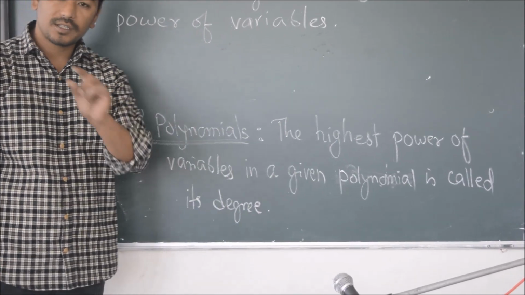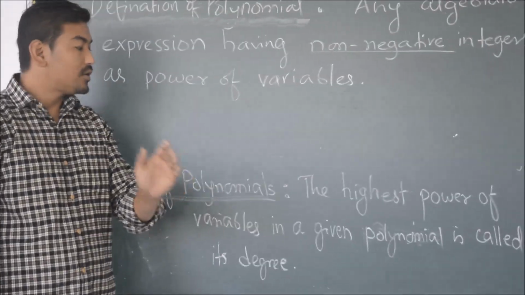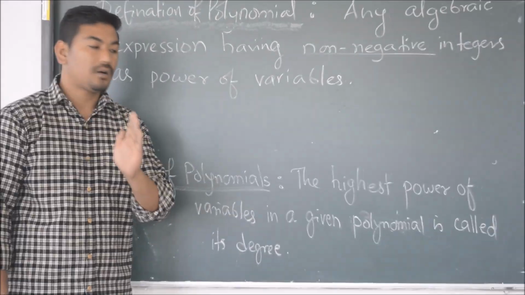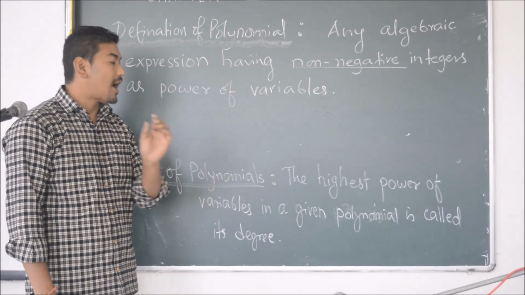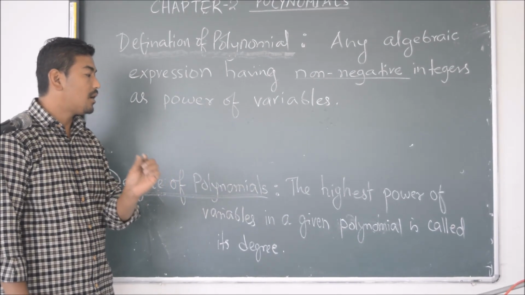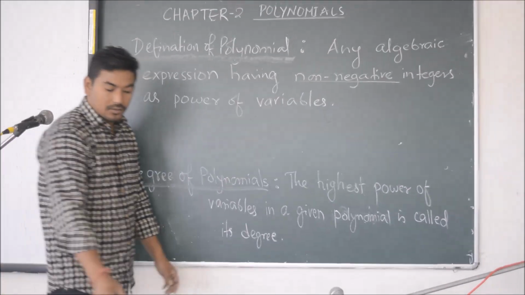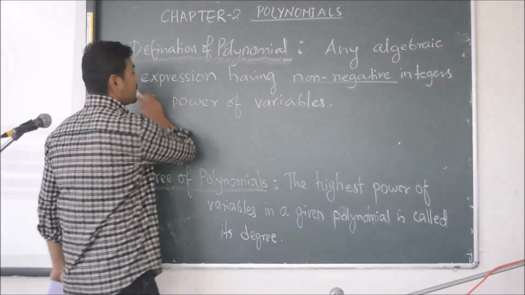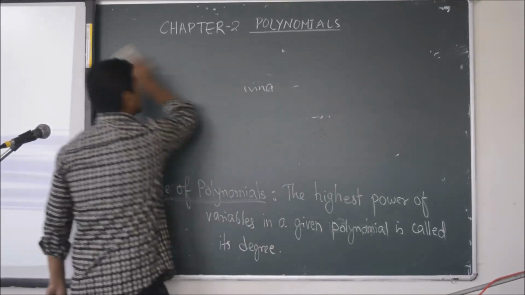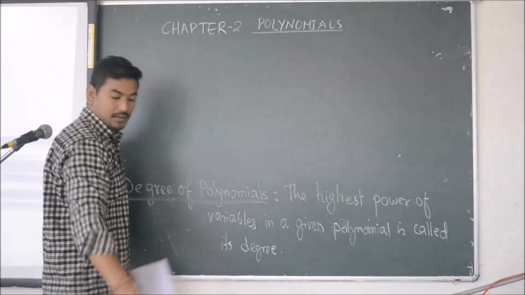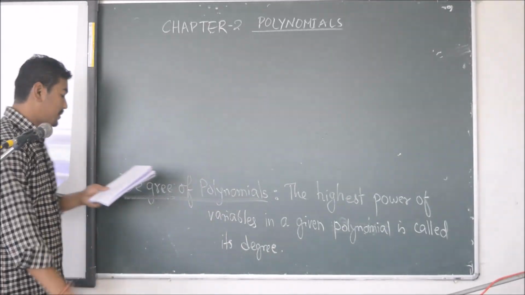That means, suppose you are given a polynomial, you just check the powers of the variable. The highest power of the variable is considered its degree. So I am going to write some polynomials here, and we'll understand what degree is from these polynomials.